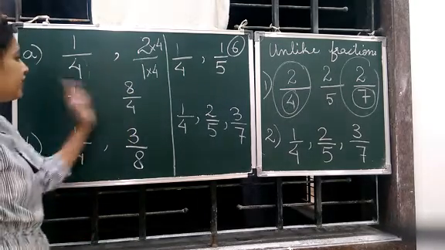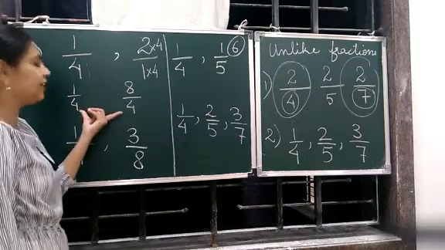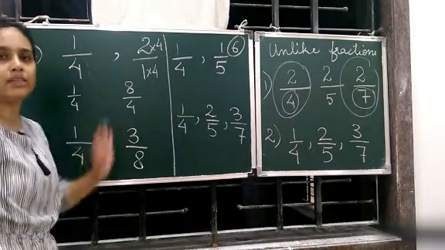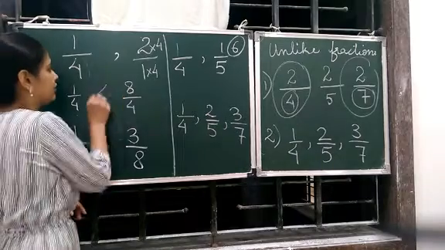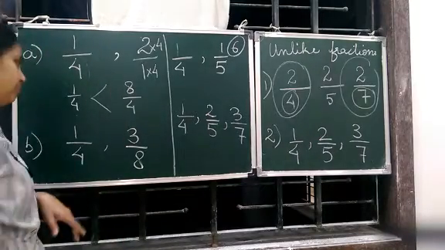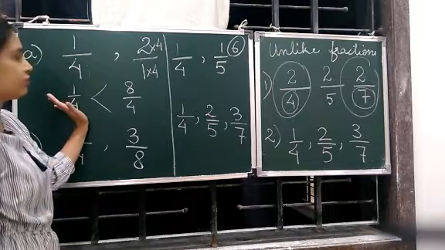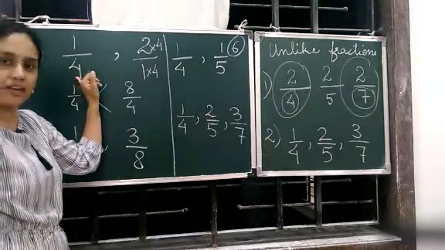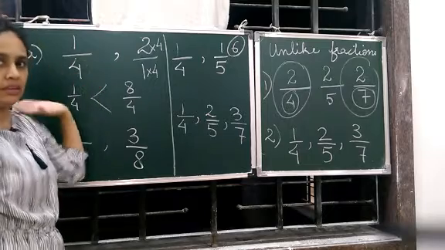Yes. Now it is very easy to compare. When the denominators are the same, we just compare the numerators. 1 and 8. Who is greater? 8 is greater. So obviously this fraction is greater. The whole number is always greater. Okay. So this is the first way. What we did: we multiplied the number which was given here. This is completed.